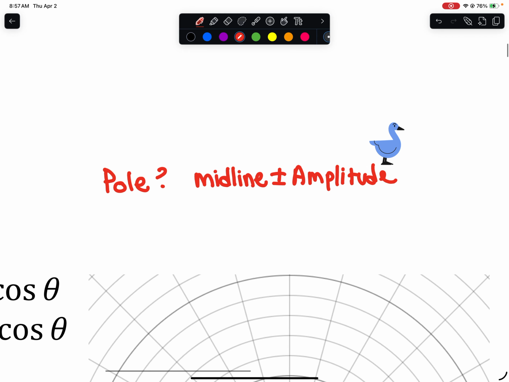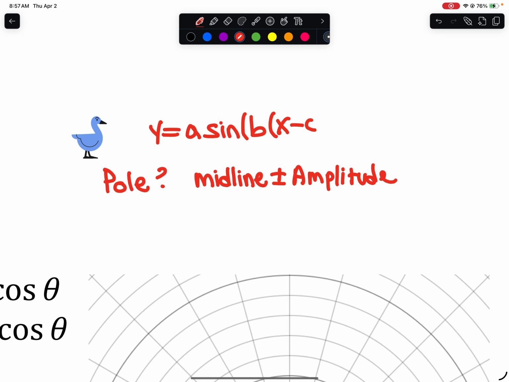As you hopefully remember, that's the equation a sine b parentheses x minus c plus d. So I'm going to be referencing my d value plus or minus my a value. So this is your d plus or minus a from your trig equation.